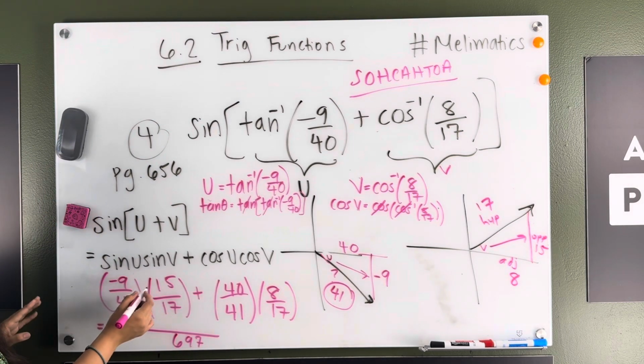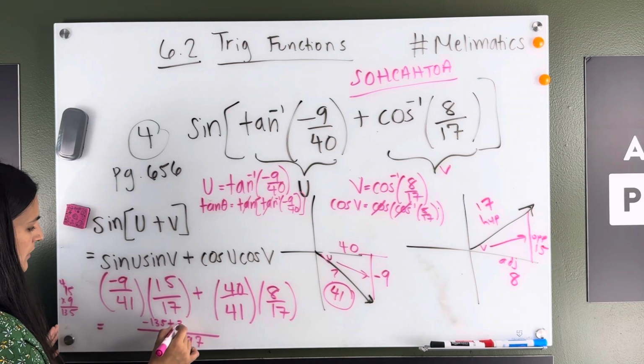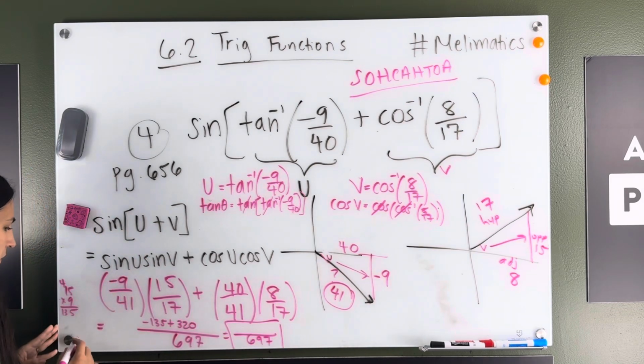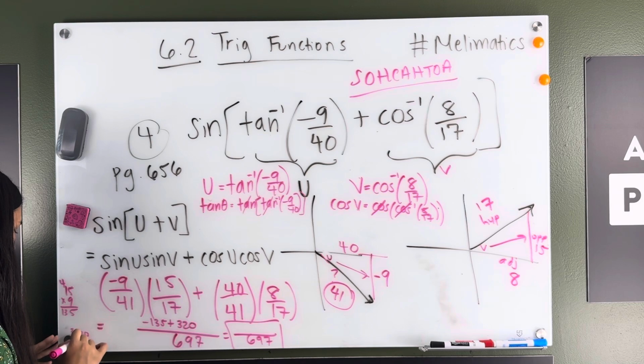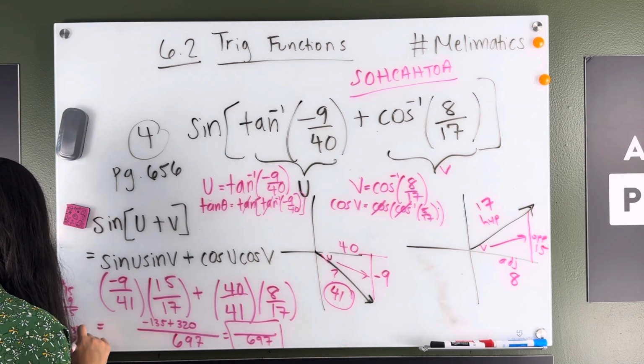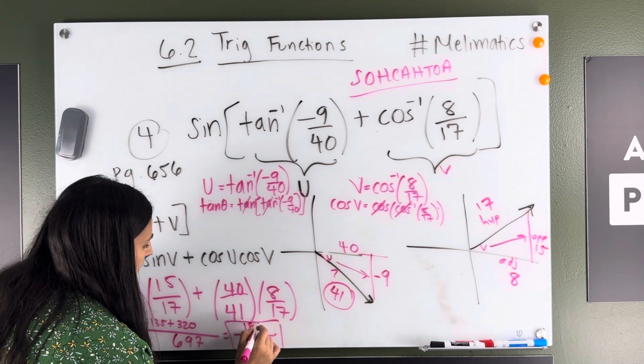So it's going to be -9 times 15, -135 plus 320. So it's going to be 185.